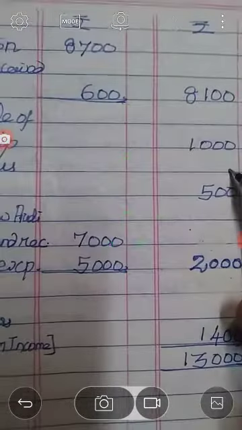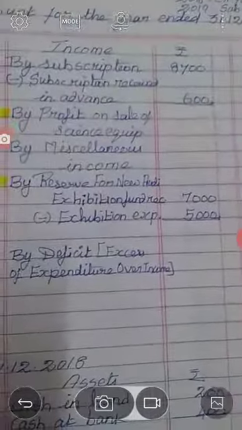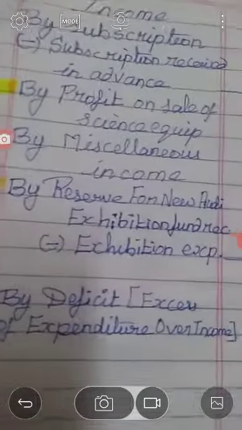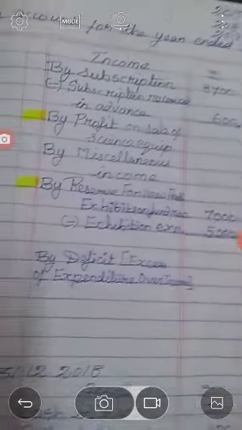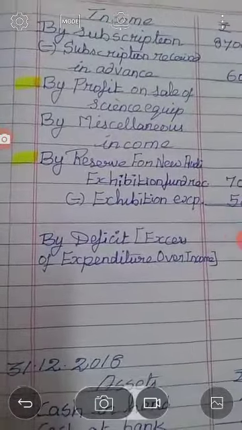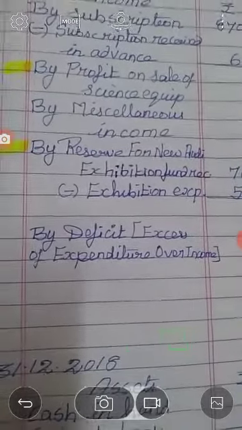It should be shown on the income side by profit on sale of science equipment 1,000, that is 6,000 minus 5,000. The next one is miscellaneous income 500, shown on the income side by miscellaneous income 500. With that the income side is all finished.